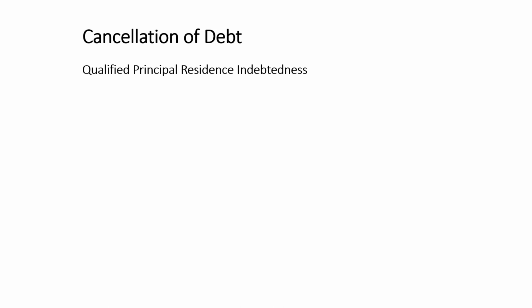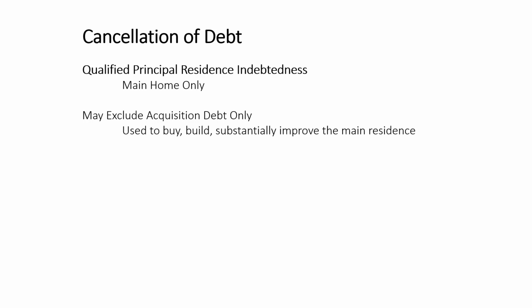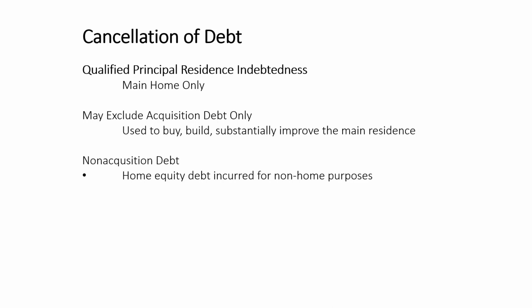Now let's take a quick peek at qualified principal residence indebtedness. This goes for the main home only, and it may exclude acquisition debt only. And that acquisition debt is used to buy, build, or substantially improve the main residence. Non-acquisition debt, home equity debt, is incurred for non-home purposes.